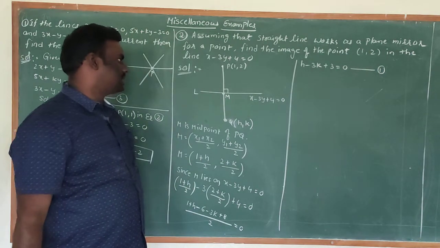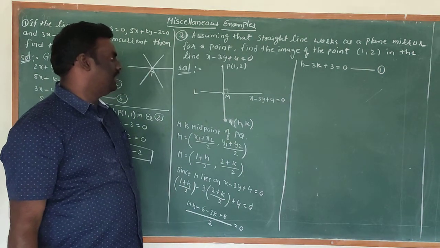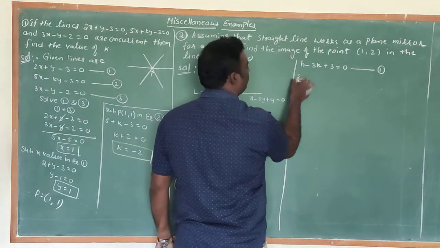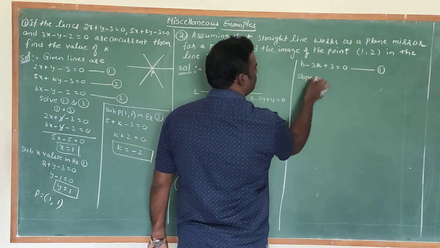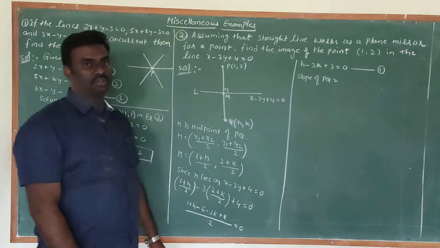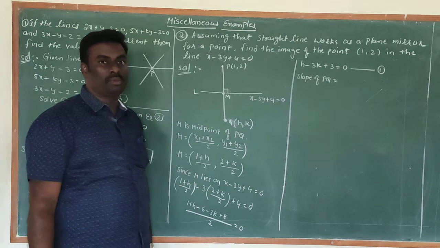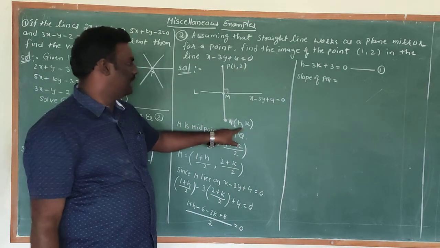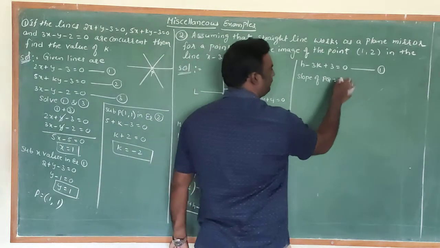Okay. Next, I am finding the slope of PQ. How to find the slope of two points? y2 minus y1 by x2 minus x1. k minus 2 by h minus 1.